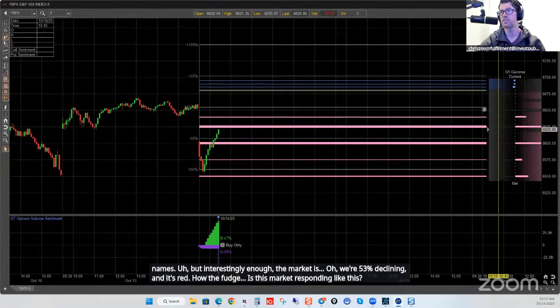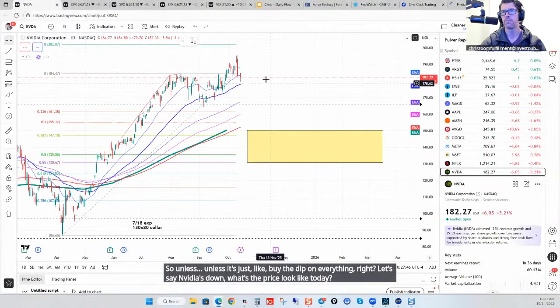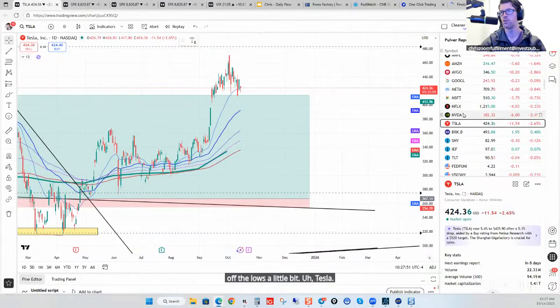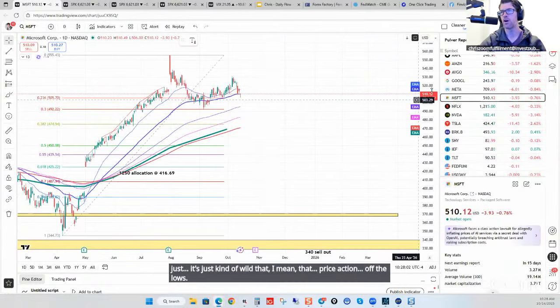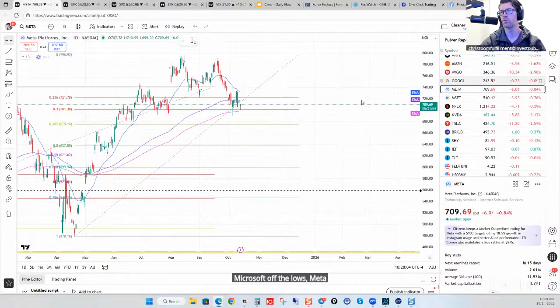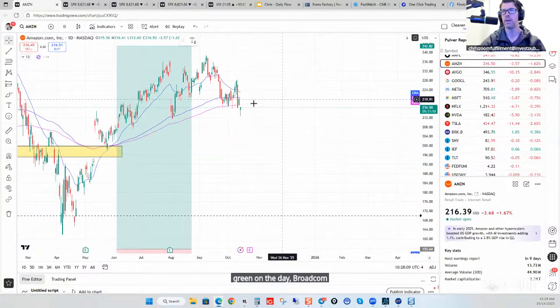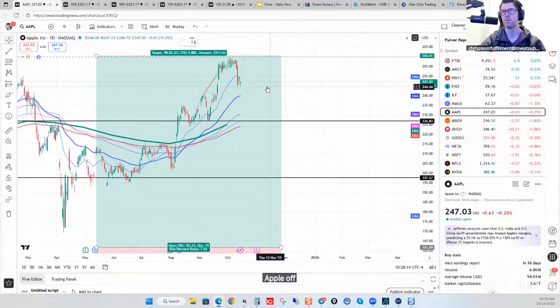So unless it's just buy the dip on everything, right? Let's say Nvidia's down. What's the price look like today? Off the lows a little bit. Tesla off the lows a little bit. It's just kind of wild, the price action. Microsoft off the lows, Meta off the lows, Google green on the day, Broadcom off the lows, Amazon green on the day, Apple off the lows.